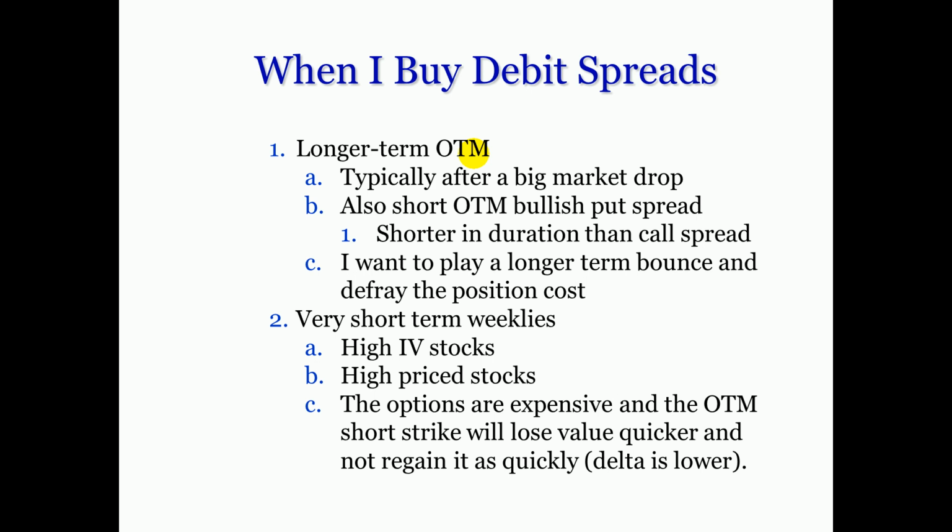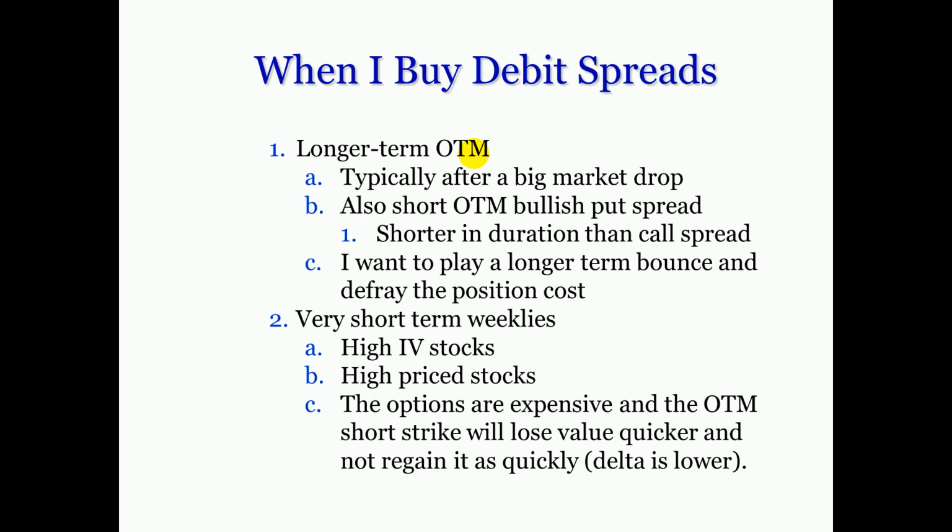They are equivalent positions. There's some subtleties that make selling out of the money credit spreads more attractive to me than buying debit spreads. I hope I've addressed that issue. Again, if you're a novice trader, you really should learn how to trade vertical spreads. That should be one of your first strategies that you go to, not buying call options and buying put options. That should be way down the line.